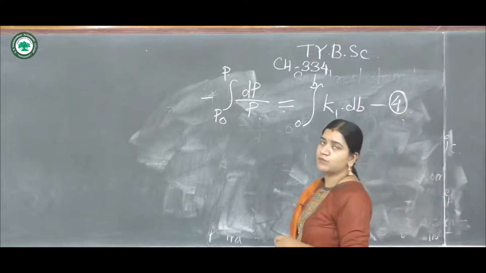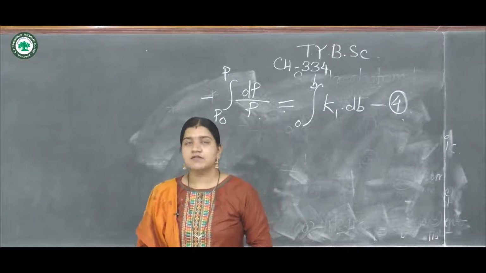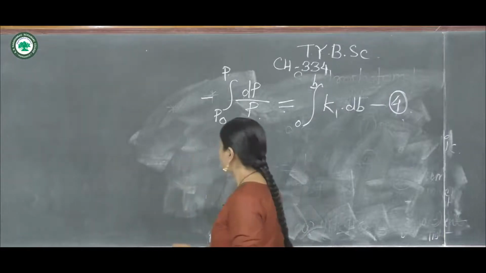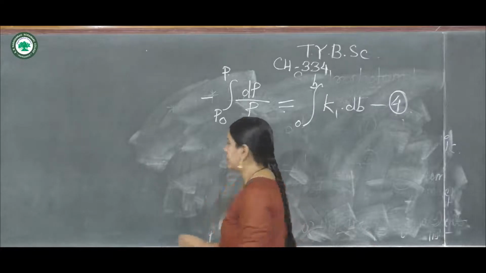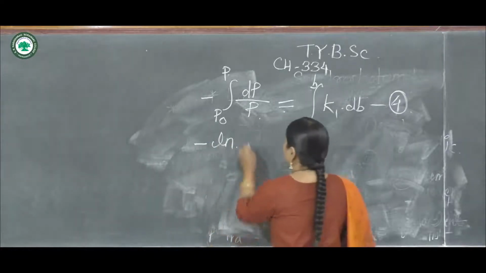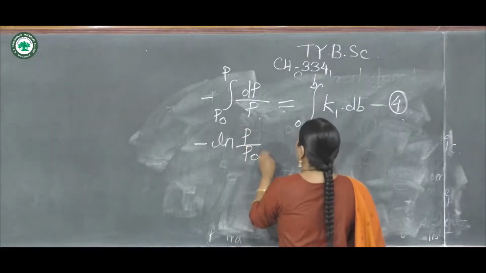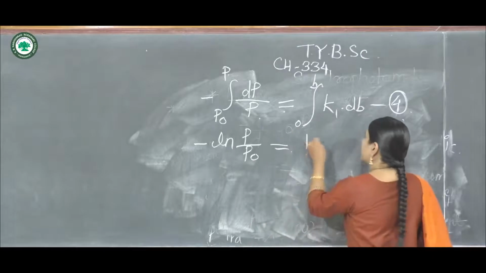After integrating both sides, we get minus ln of P upon P0 is equal to k1 into b.